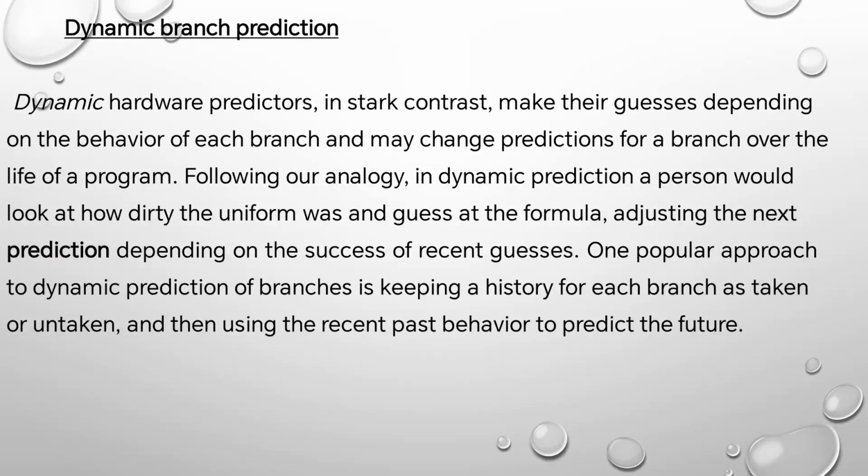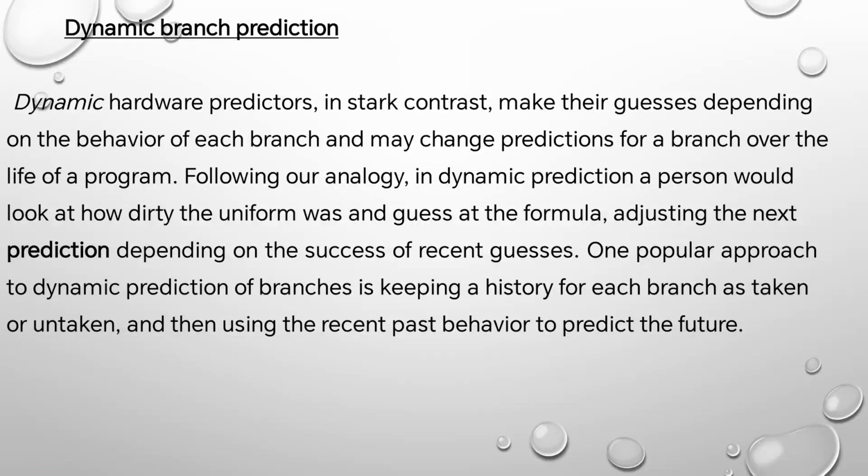Dynamic branch prediction. Dynamic hardware predictors, in stark contrast, make their guesses depending on the behavior of each branch and may change predictions for a branch over the life of a program. Following our analogy, in dynamic prediction a person would look at how dirty the uniform was and guess at the formula, adjusting the next prediction depending on the success of recent guesses.